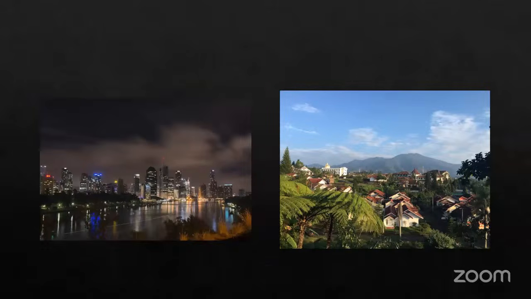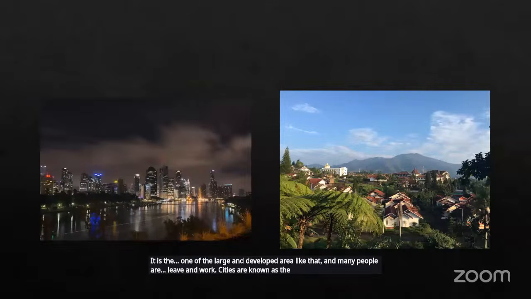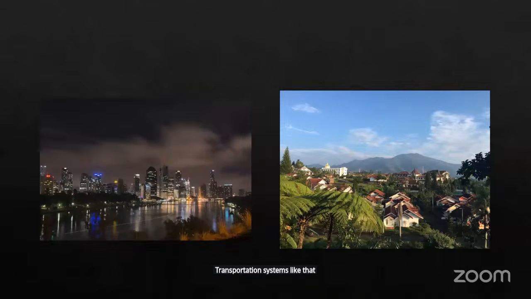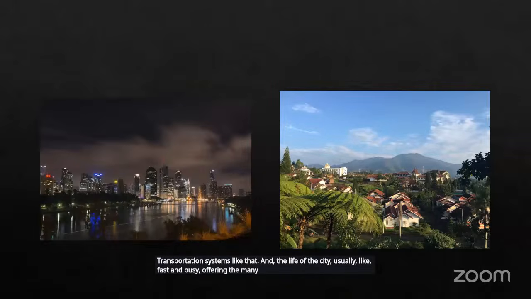Sir, in the first picture I see a city. It is one of the large and developed areas where many people live and work. Cities are known for modern infrastructure, tall buildings, industries, educational institutions, hospitals, shopping malls, and advanced transportation systems. The life of the city is usually fast and busy, offering many job opportunities and modern facilities.